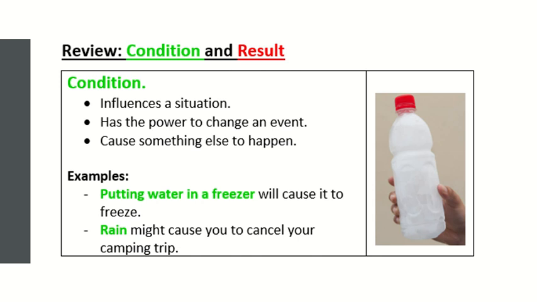For the first example, putting water in a freezer is what influences the situation and has the power to change the event. It can cause something else to happen. What that means, if you don't put the water in the freezer, it won't freeze. But if you do, it freezes. The same with rain.